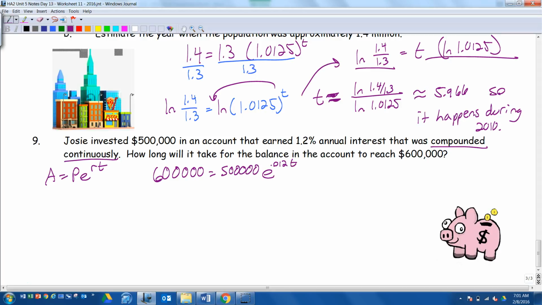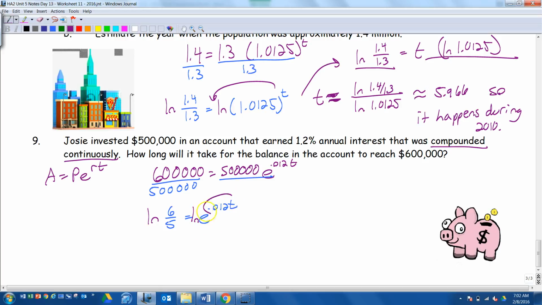We have to solve. We have to natural log both sides, but before we do that, we have to divide. So we get 6/5 is equal to e to the 0.012 t. Now you can natural log both sides, just like we were doing before.